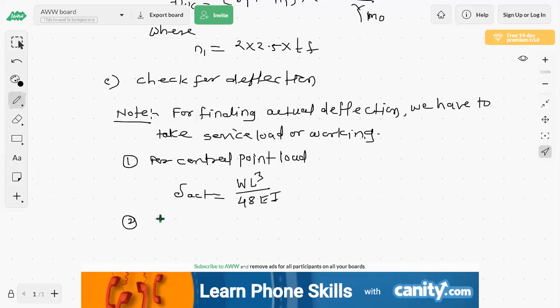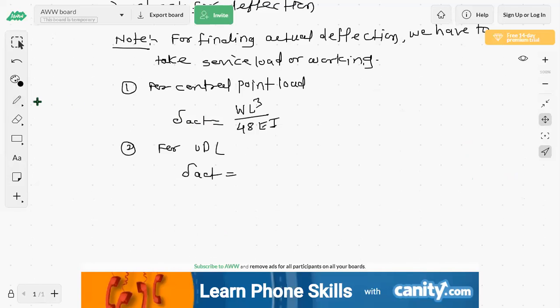Similarly, for UDL, what is delta actual? Delta actual for UDL is 5 WL raised to 4 upon 384 EI.